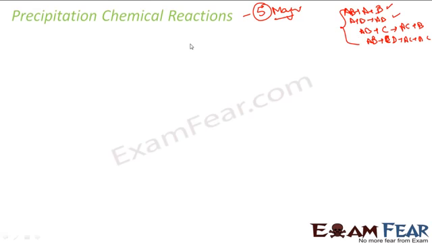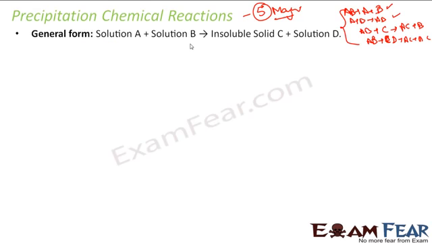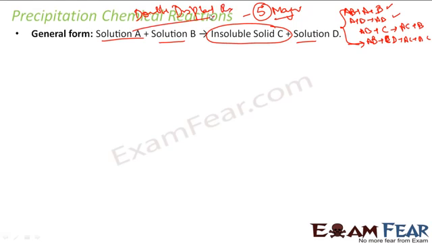A precipitation reaction is a reaction where you have 2 solutions, and you get a precipitate of an insoluble substance C, and also a solution D. In maximum cases, this precipitation reaction is nothing but a double displacement reaction. In 99% of cases, it is an example of double displacement.